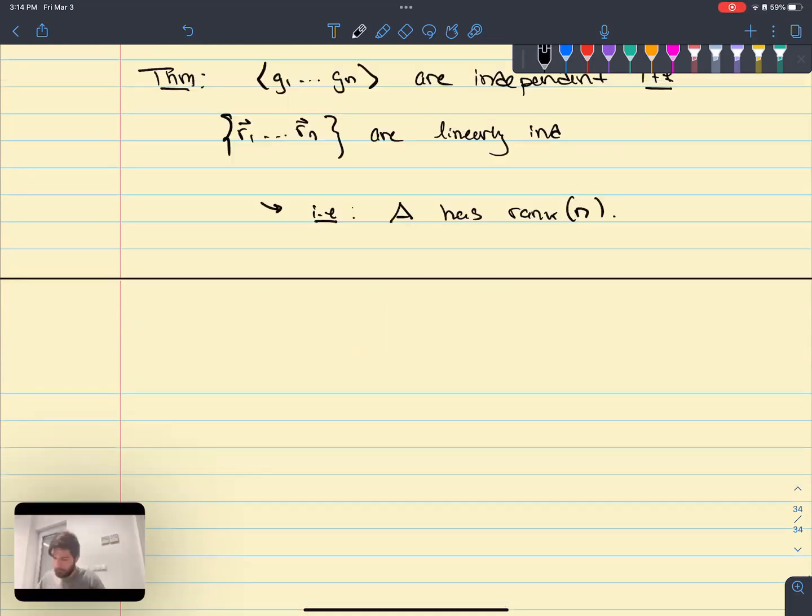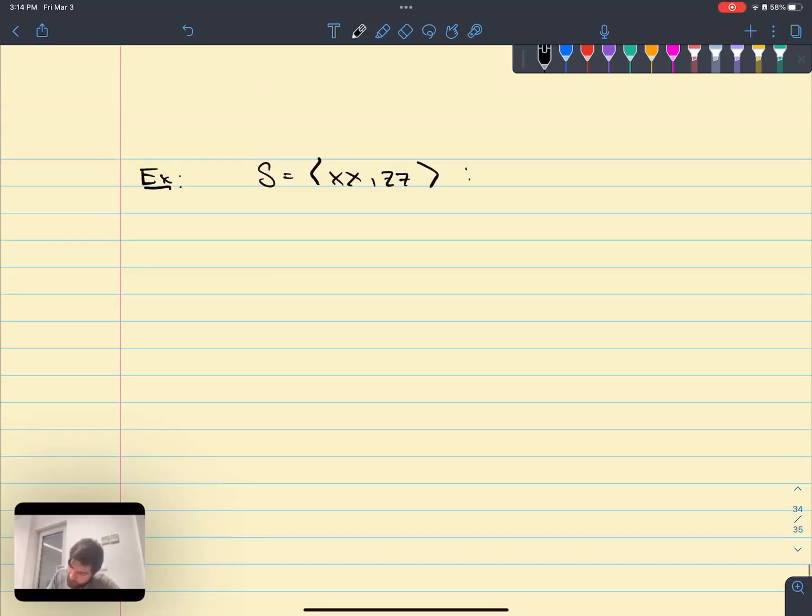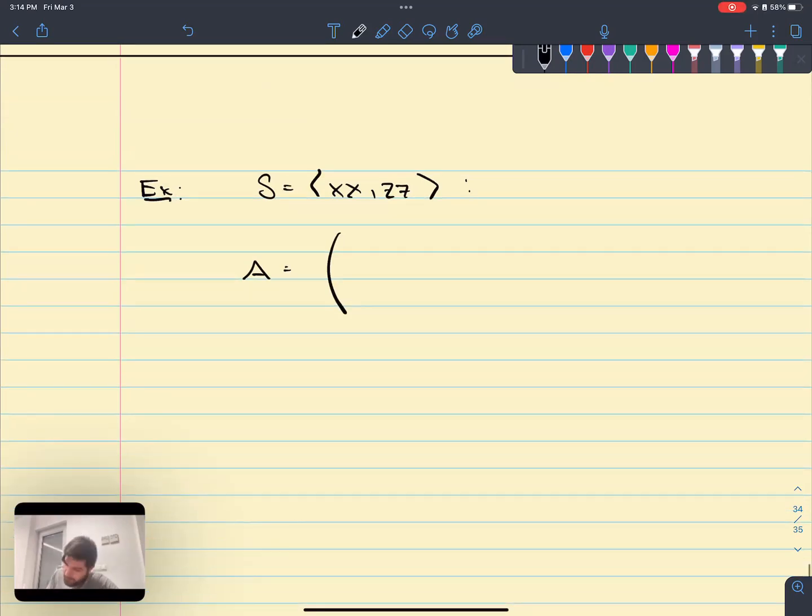Okay, so we can do basically a trivial example in a sense. So going back to S, this is for the Bell state. I said that it was completely specified by XX and ZZ. So by the above theorem, it must be that the corresponding vectors are linearly independent. So what does that matrix look like? So I take the rows. So XX is 1, 1.